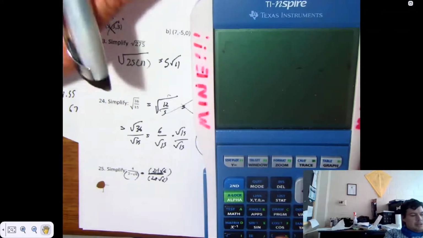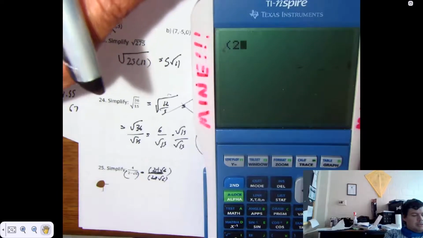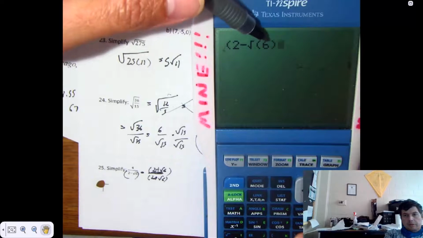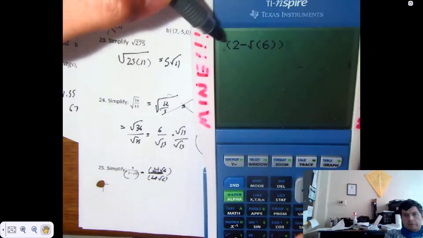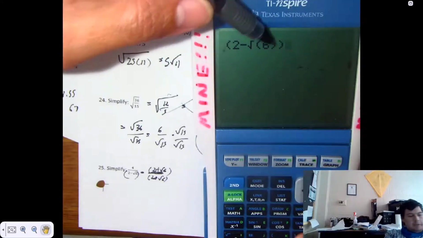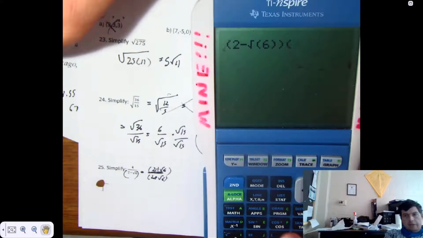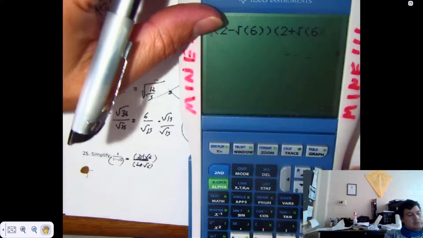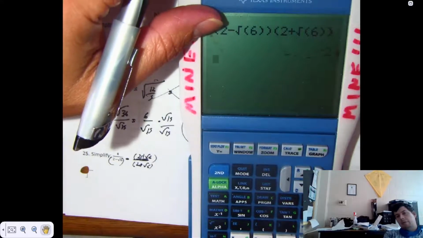On this particular calculator, I open up a set of parentheses. 2 minus root 6. Close, close. You have to have the same number of opening parentheses as you do closing, times its conjugate, which is 2 plus root 6. Close, close.